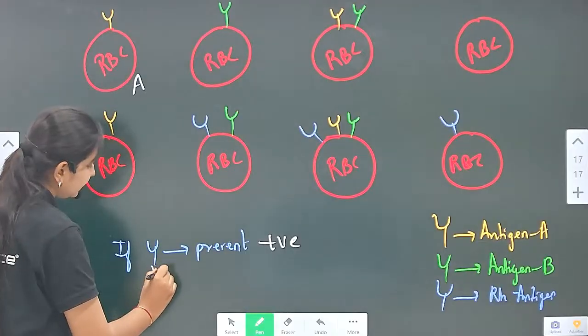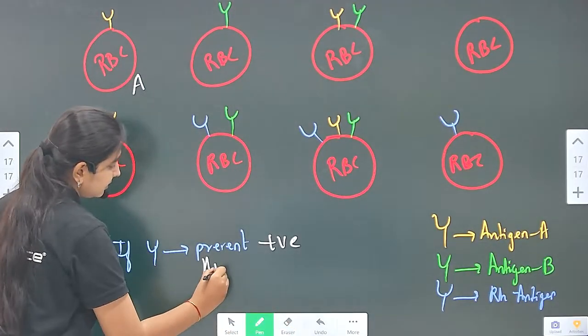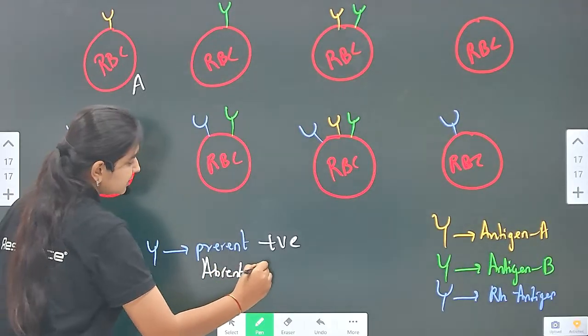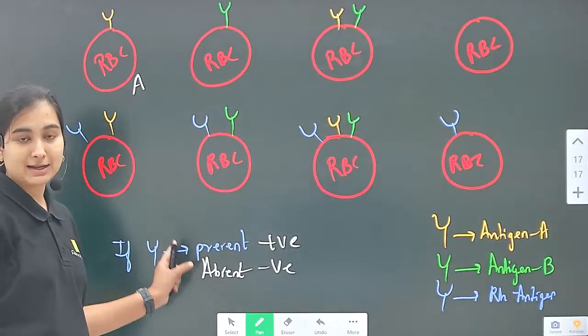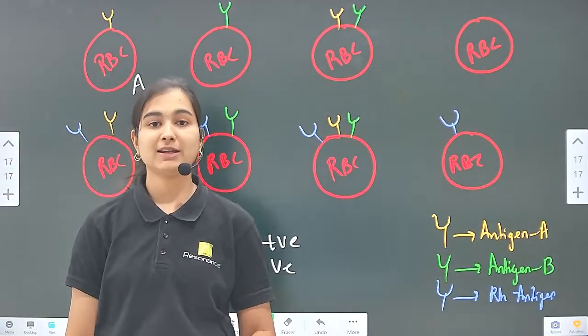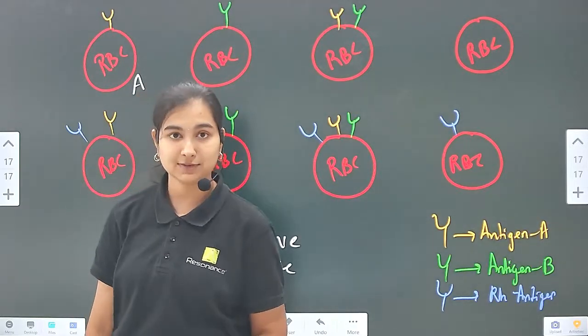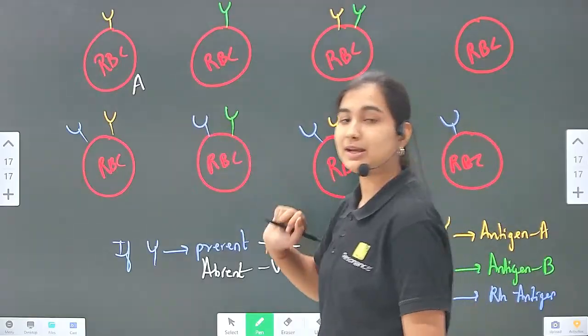If this antigen is absent, then that is negative. Getting my point? Wherever you see this antigen, mark it as positive. Wherever you don't see this, you mark it as negative. Okay, let us start from here.